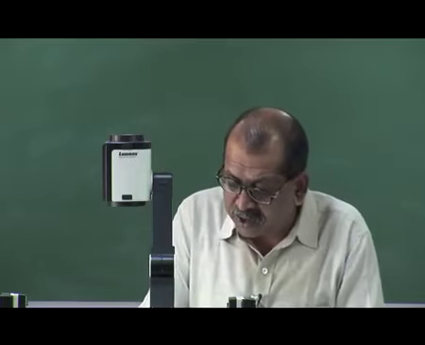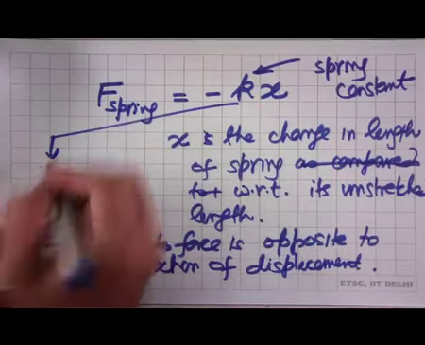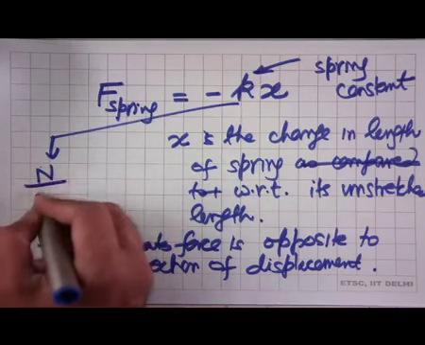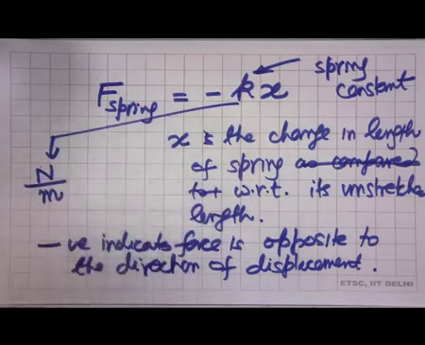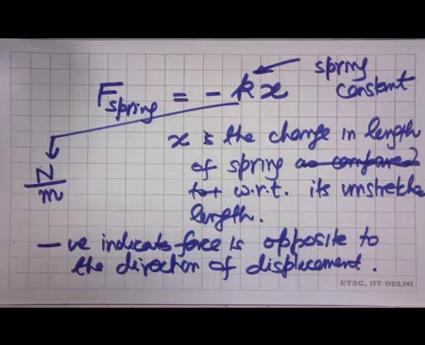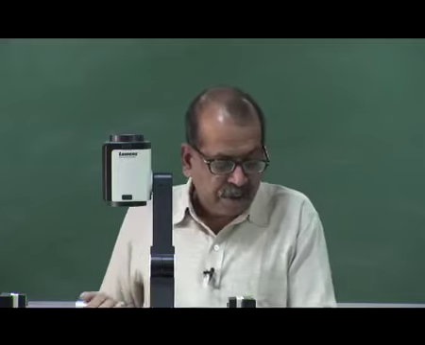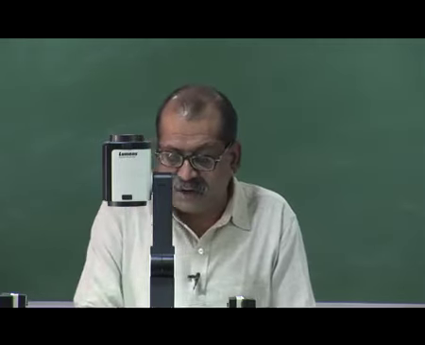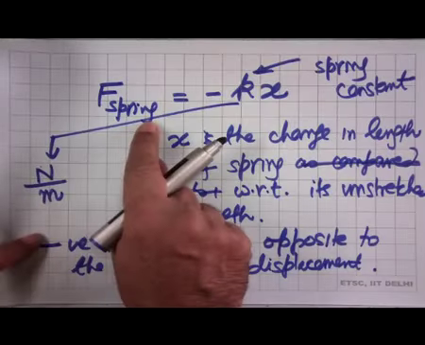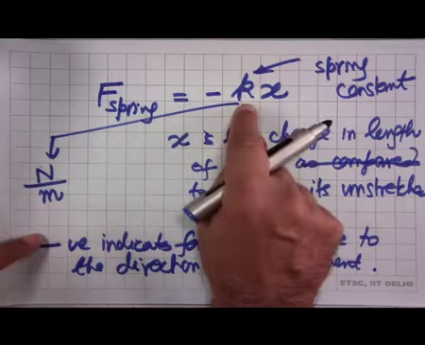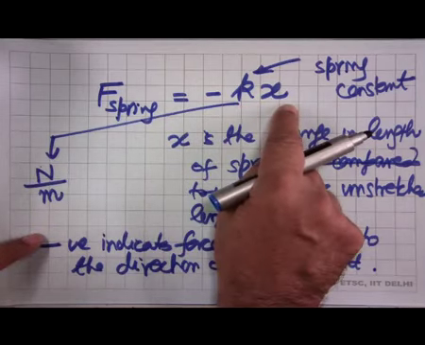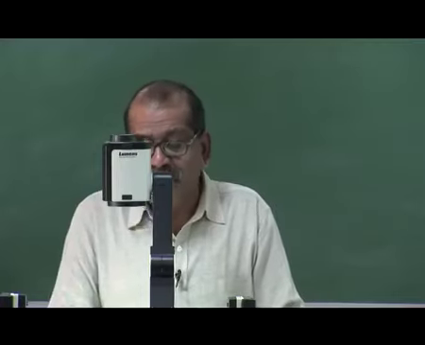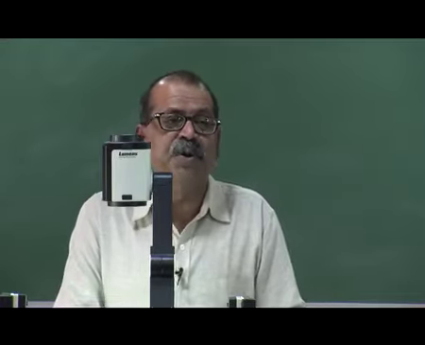The units of k, in SI units, will obviously be newtons per meter, force per unit length. So, this is how, if we have a spring which is connected, the force which it will exert because of the spring will be minus k times x. So, now this is another case where the force is a function of the displacement of the body.